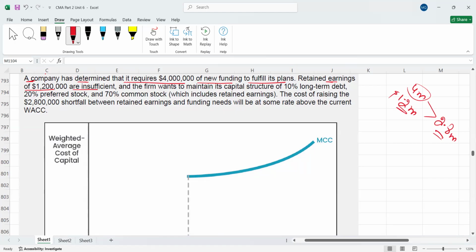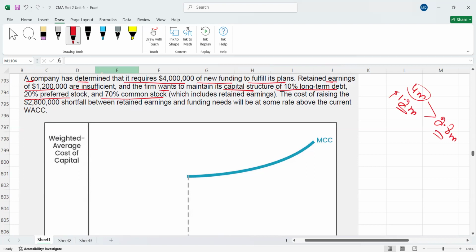They are saying that the firm wants to maintain its capital structure, as I told you, assuming 10% long-term debt, 20% preferred stock, and 70% common stock. Actually, these are the weights of the sources in the existing capital structure.